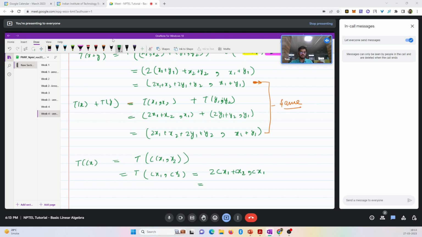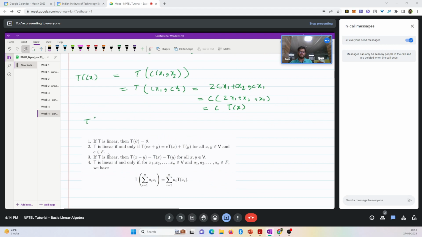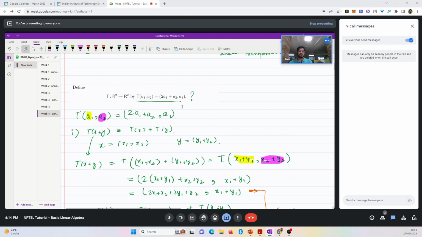If you take c common, you get c times 2x1 plus x2, comma x1. What does this give? c times T of x. So we have verified that T of cx is equal to c times T of x, and the given transformation is actually a linear transformation.